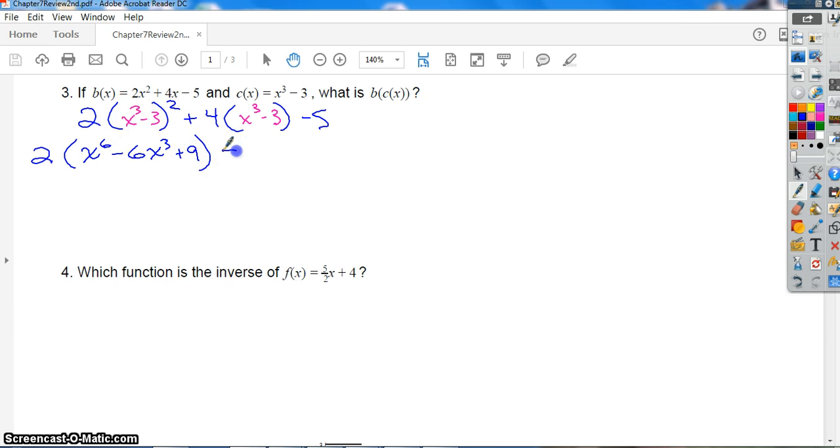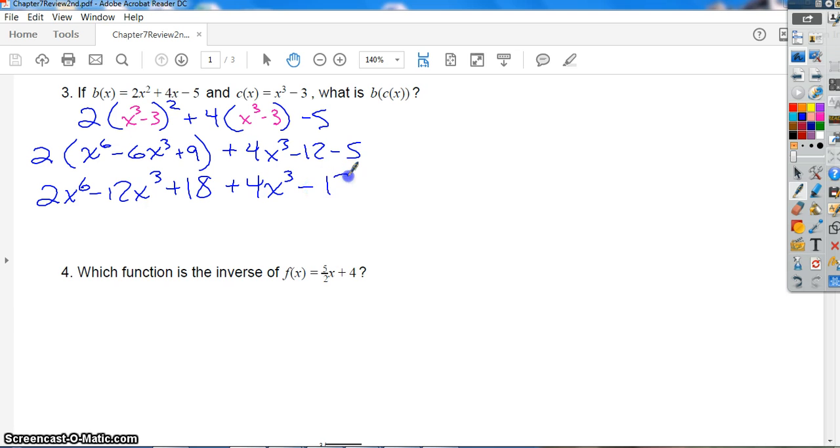If you FOIL that, this will be 4x cubed minus 12 minus 5. Distribute my 2 in. And I might as well combine my 12 and 5 to negative 17. My final answer is 2x to the 6th minus 8x cubed plus 1.